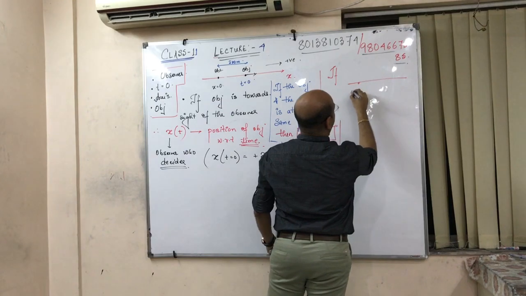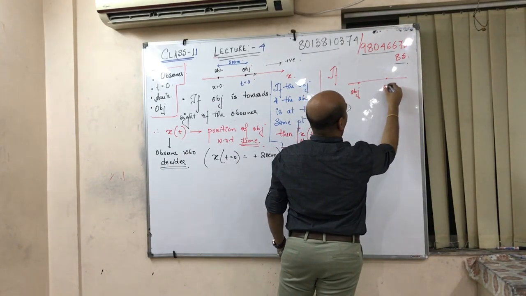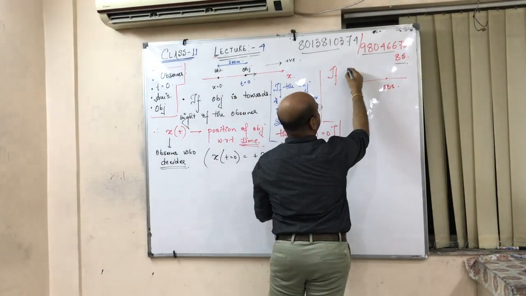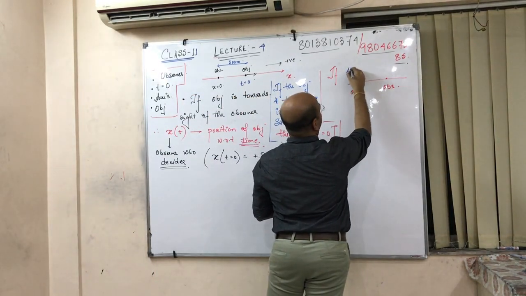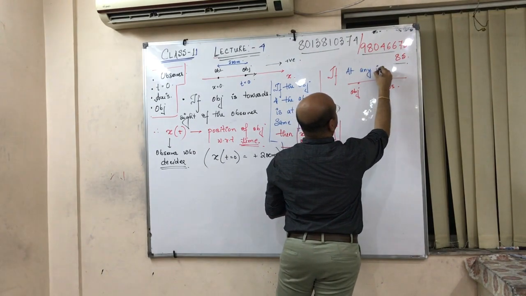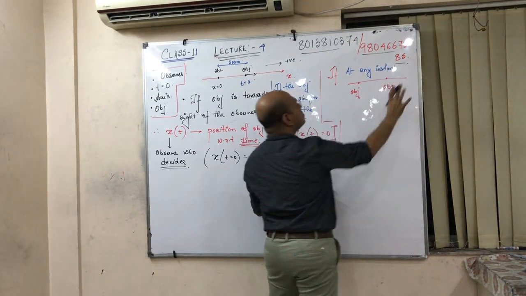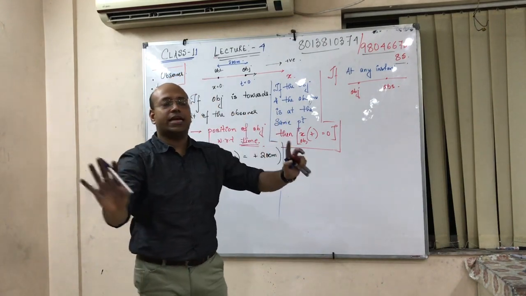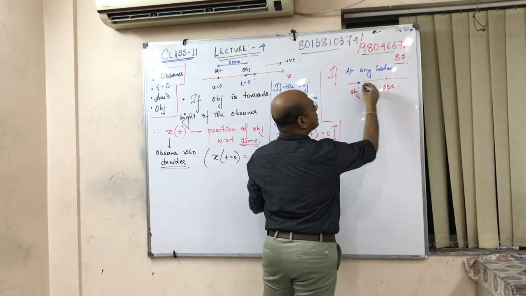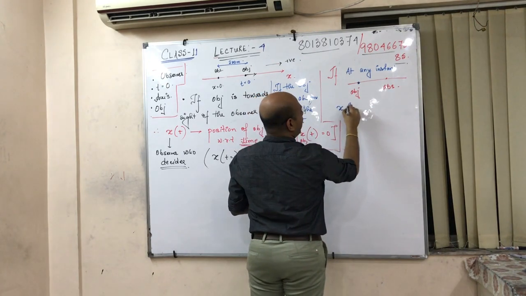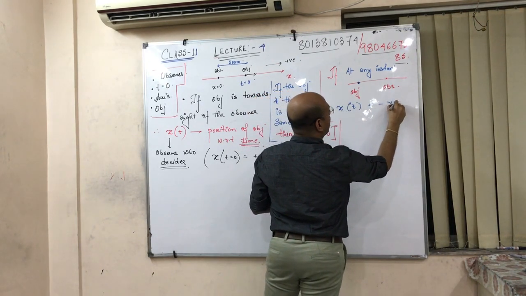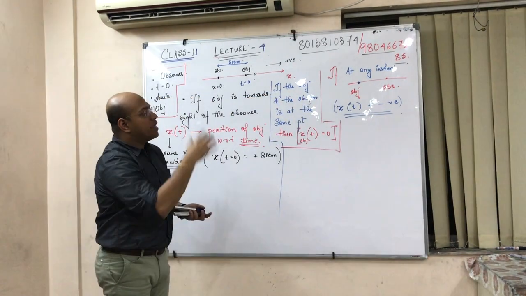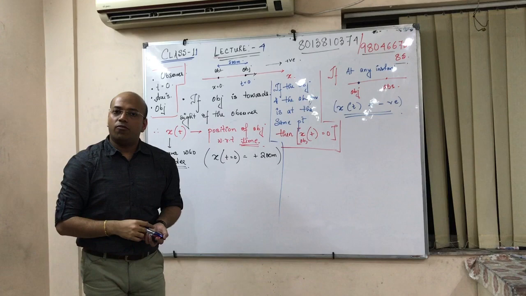At any instant, the object is moving where we are not worried; I am just stating the position. If the object is on the left side of the observer, then x at that instant has to be a negative value to signify the object is on the left of the observer.